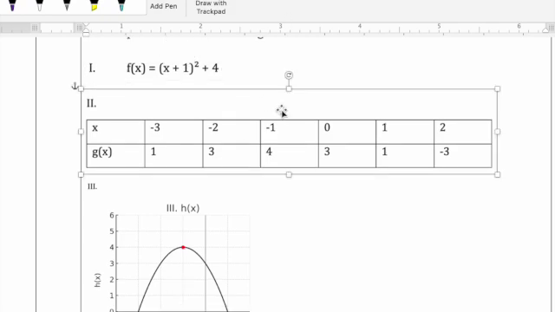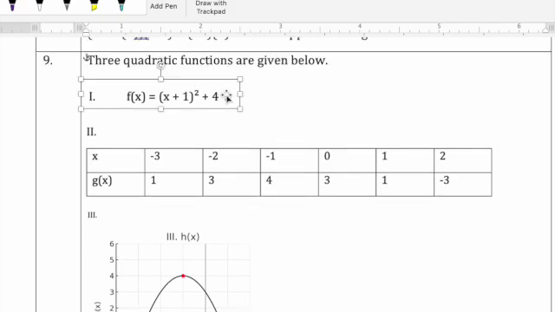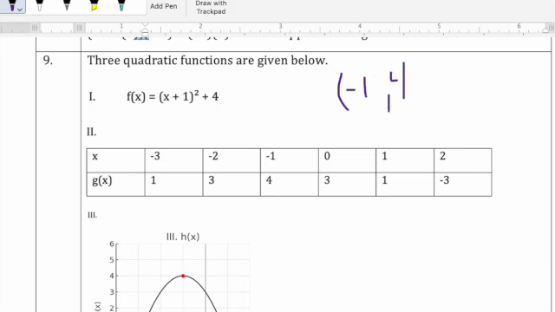For this function, I can tell, and if you can't, that's okay, you can graph it. The vertex is at -1, comma 4. I can tell from looking at this that my x is -1. My original parent function was where my vertex was at 0, 0.